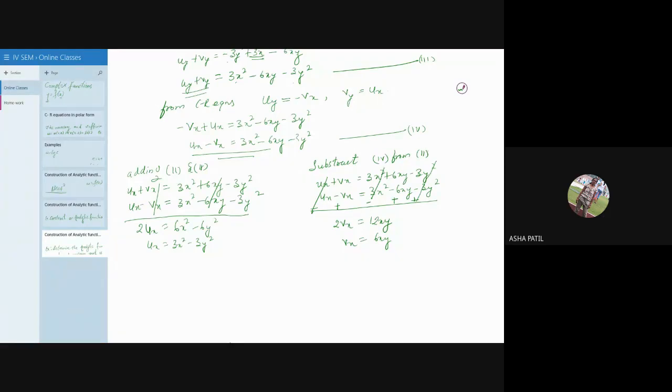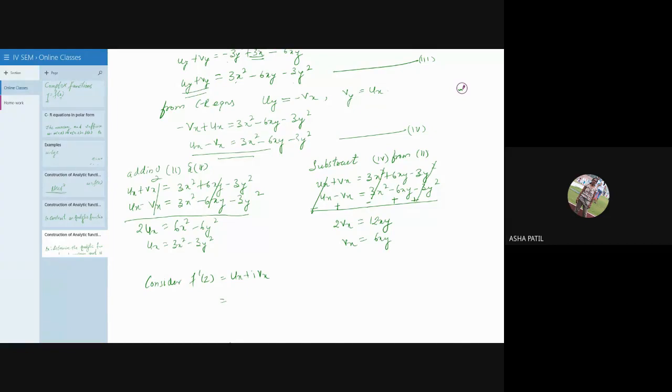We want to find the analytic function. What will you do next? f dash of z equal to ux plus i vx. Yes. Consider f dash of z equal to ux plus i vx.